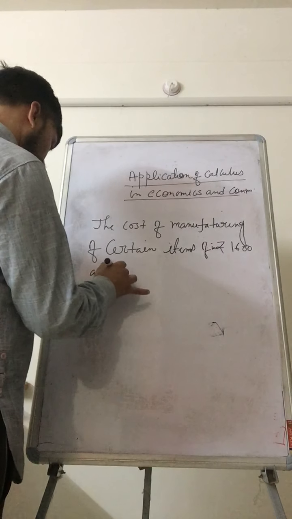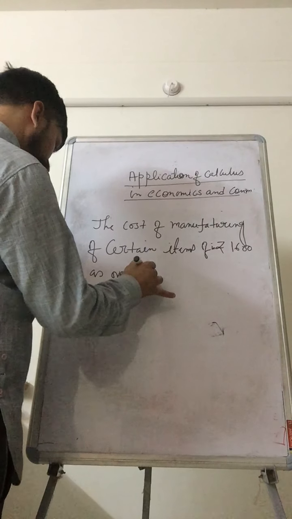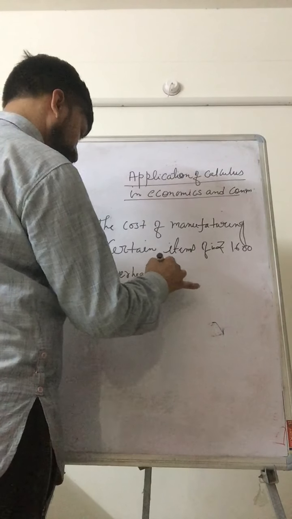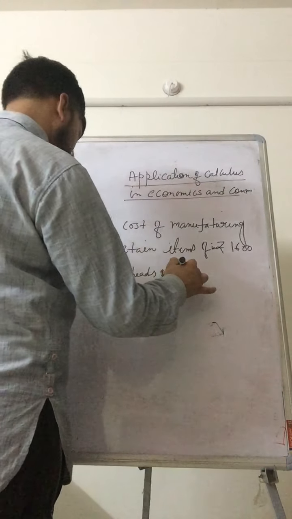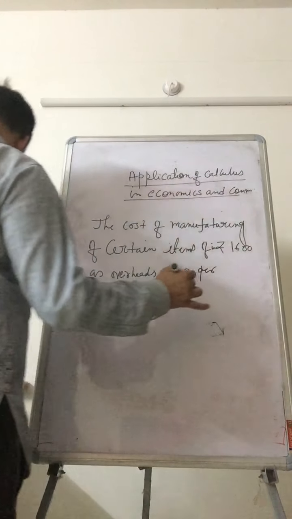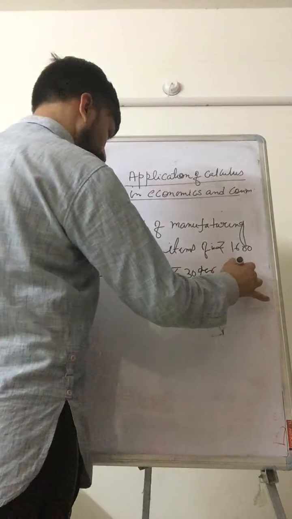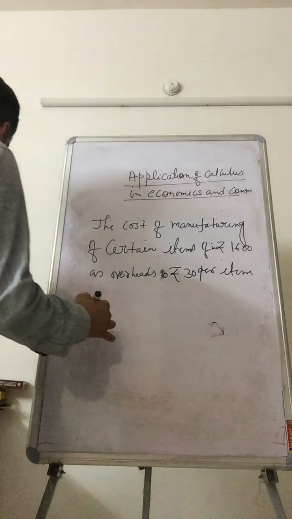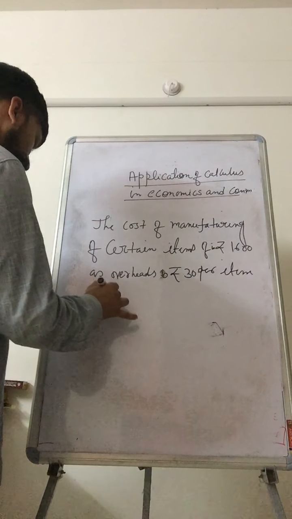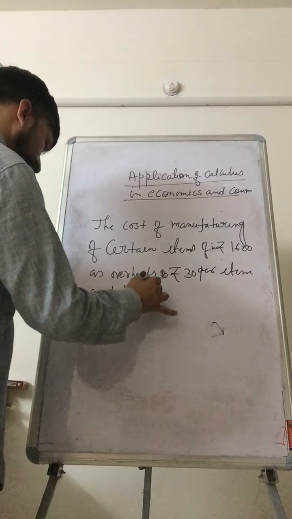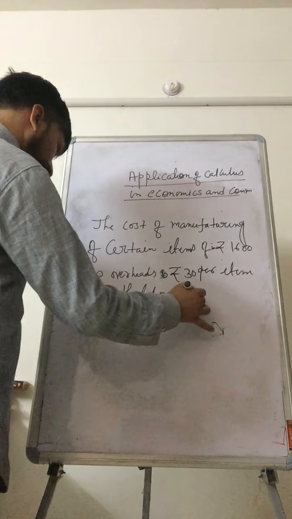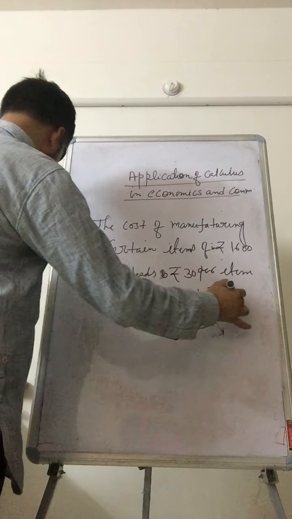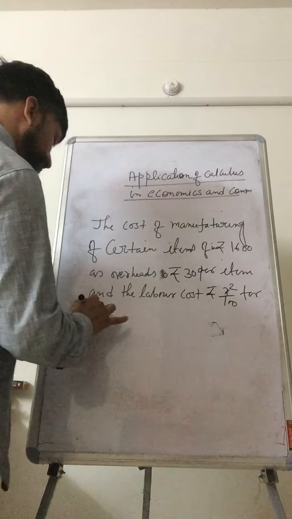And as overheads, rupees 30 per item. And the labor cost is rupees x square by 100 for x items.